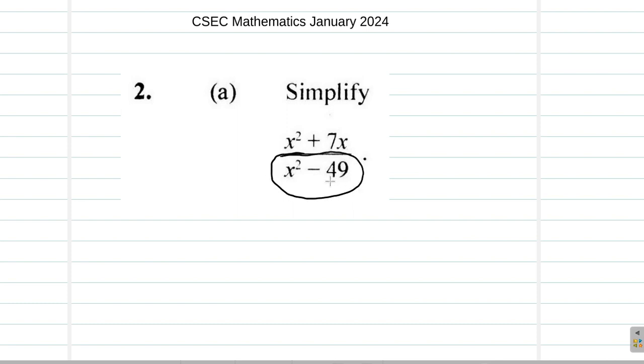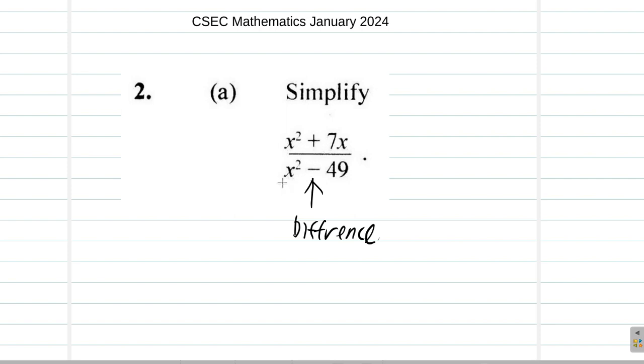This is something you can factorize, right? This is what they call the difference of two squares. The minus is the difference.